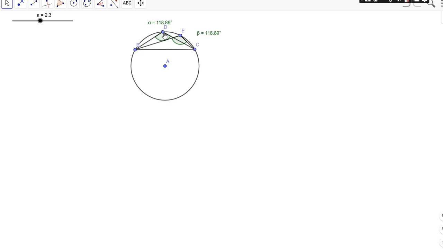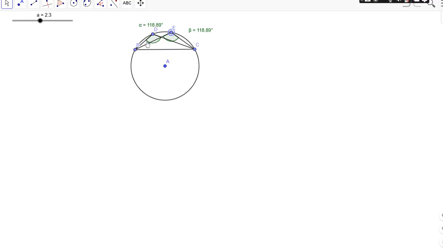You can change the position of points. You can see the measure remains the same. What does this indicate? This indicates that in the same segment, the measures of angles are equal. As you can see, angle BDC is equal to angle BEC.